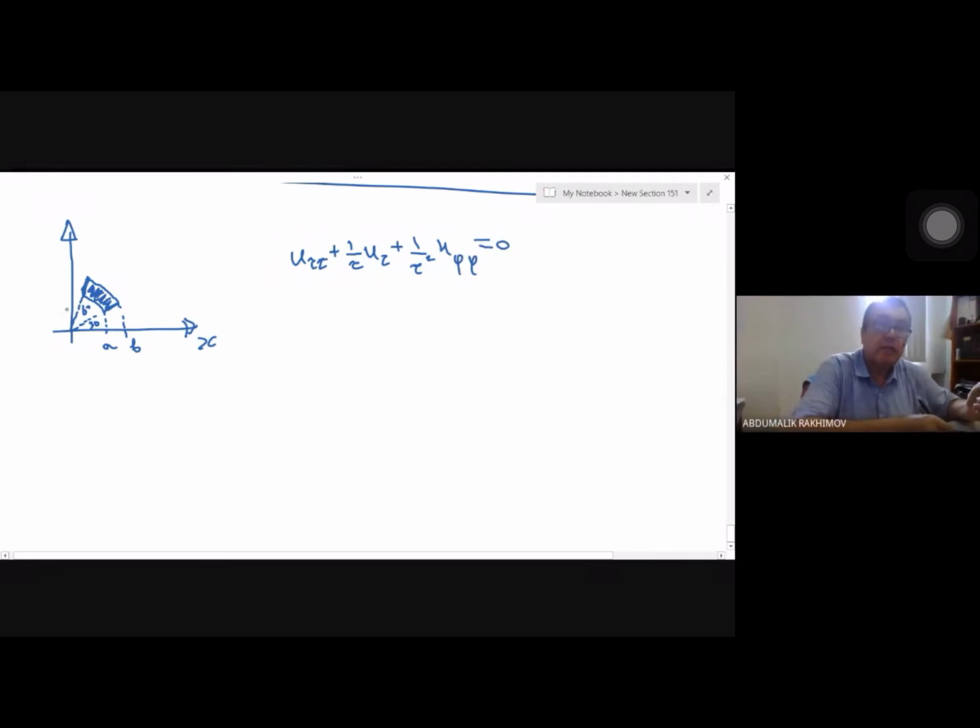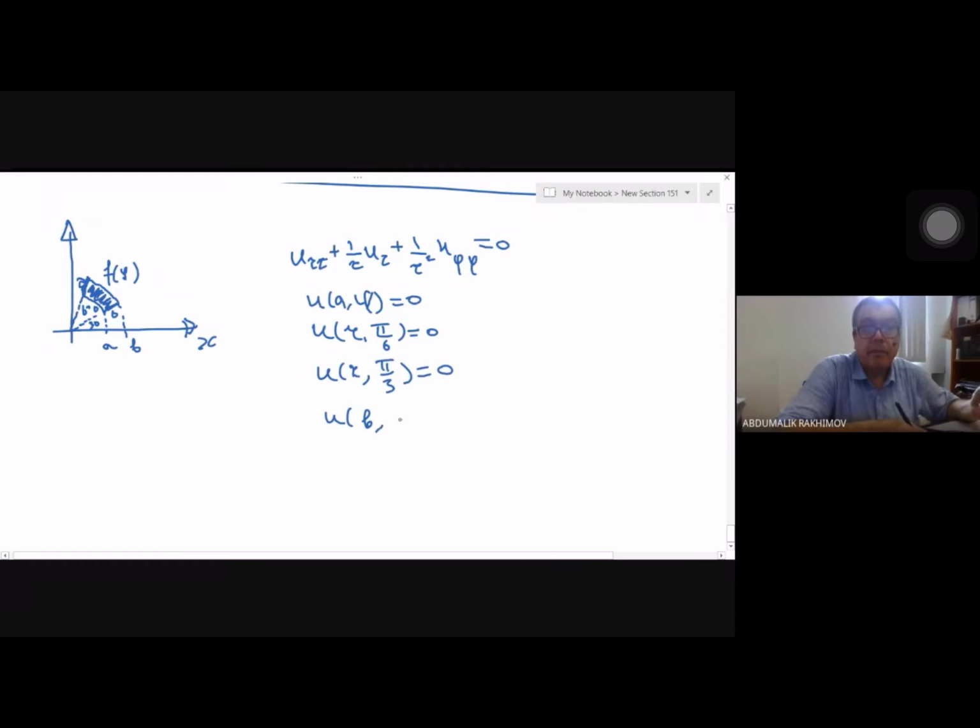Here we have f(phi), and 0 for the other three conditions. So u(a, phi) is equal to 0, u(r, pi over 6) equals 0, u(r, pi over 3), which is 60 degrees, equals 0, and u(b, phi) is equal f(phi).